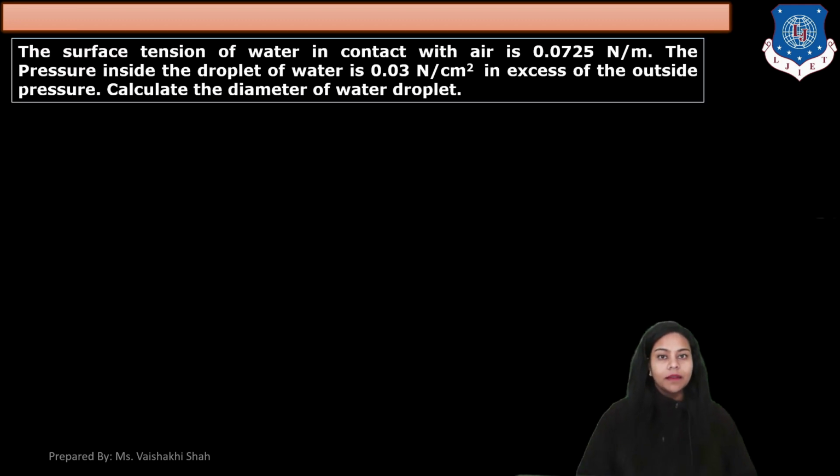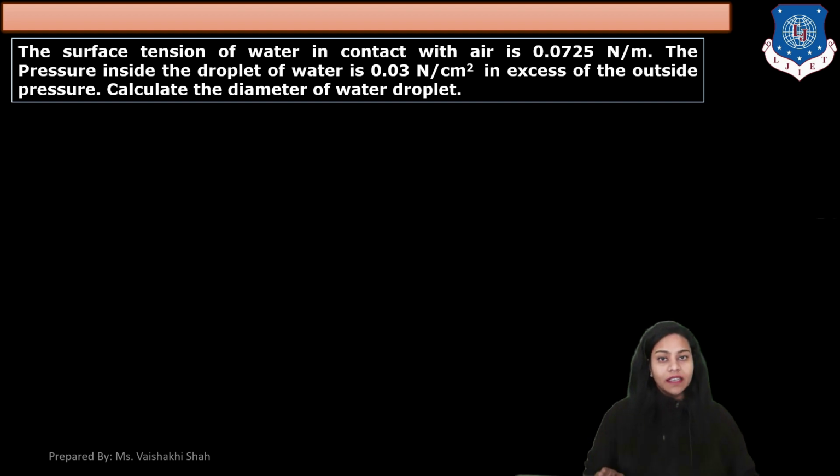Our first example: the surface tension of water in contact with air is 0.0725 Newton per meter. The pressure inside the droplet of water is 0.03 Newton per centimeter square in excess of outside pressure. Calculate the diameter of the water droplet.